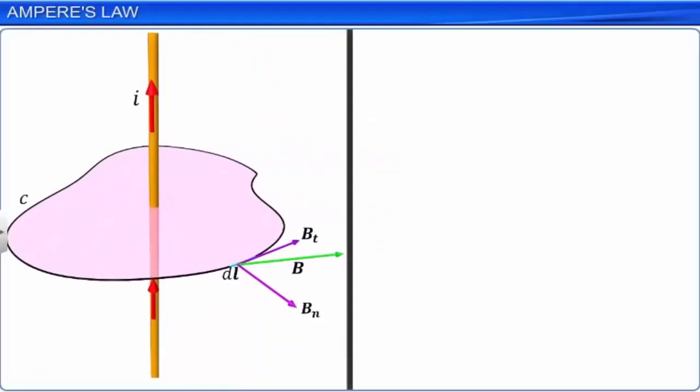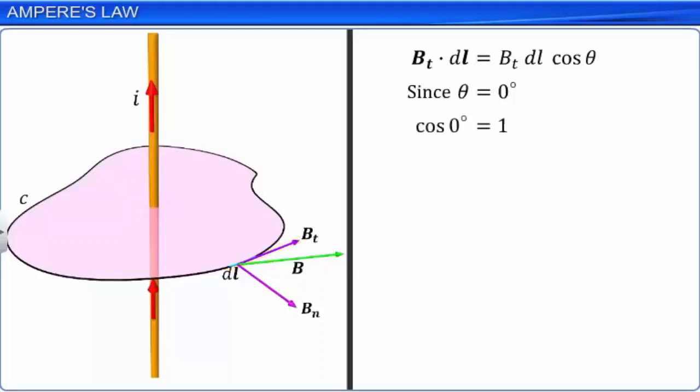The scalar product of the tangential component of the magnetic field and the length of the small element of the closed loop is Bt dot dl is equal to Bt dl cos theta. Since the angle theta between the tangential component of the magnetic field and the length of the small element is 0 degrees and cos 0 is equal to 1, Bt dot dl is equal to Bt dl.